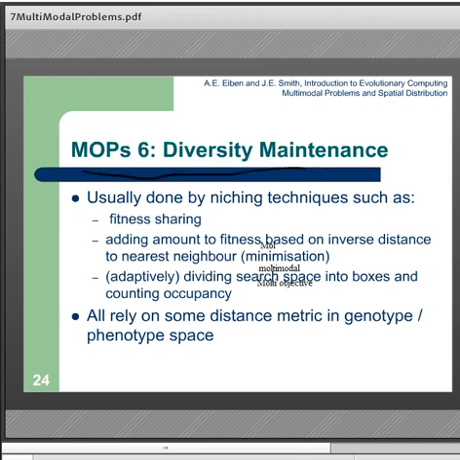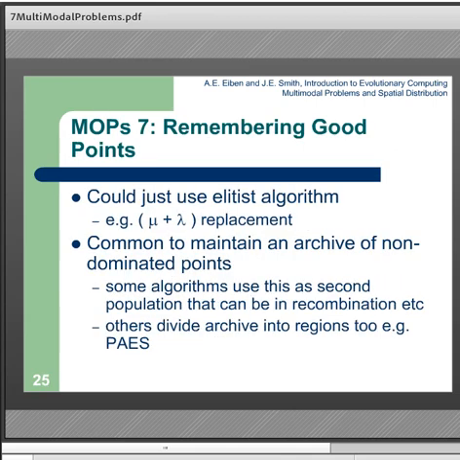There are three implicit and two explicit methods to keep diversity high, such as fitness sharing, nudging or dividing, and another explanation that we referred to in the previous page.